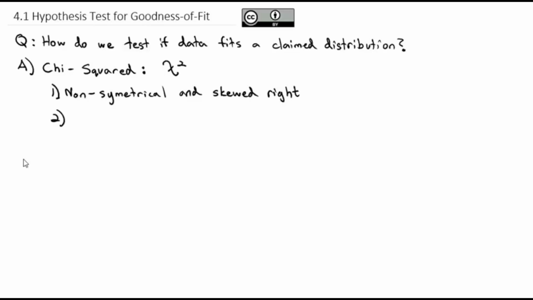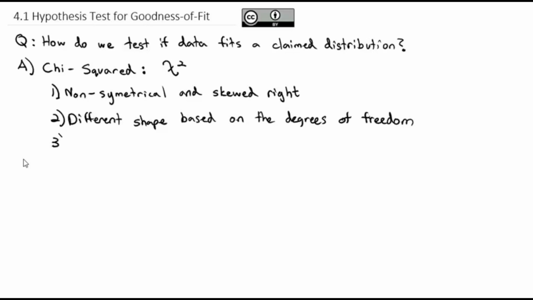In fact, the shape itself varies based on the degrees of freedom. There is a different shape based on the degrees of freedom. And another unique thing about the chi-squared is that it is always greater than 0.